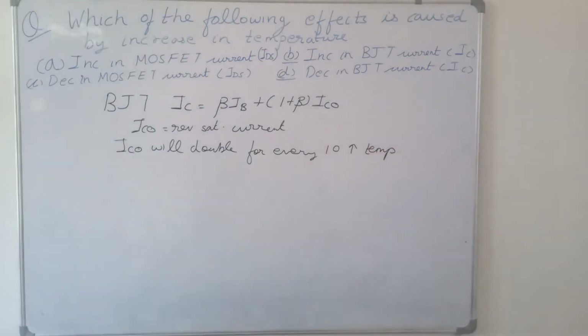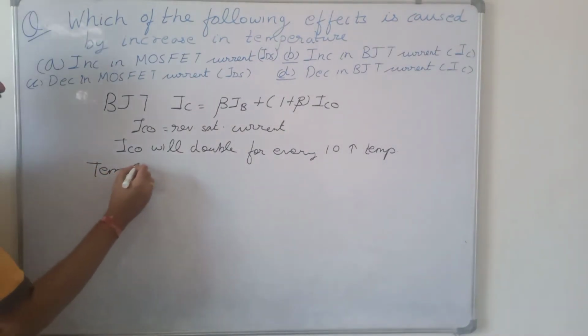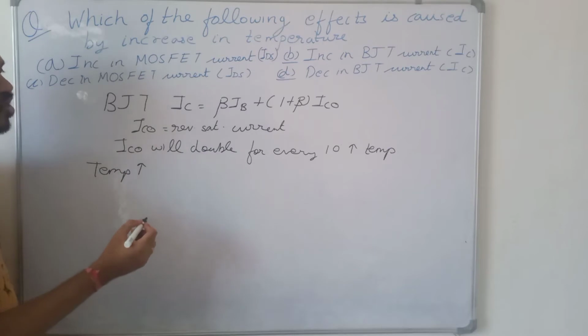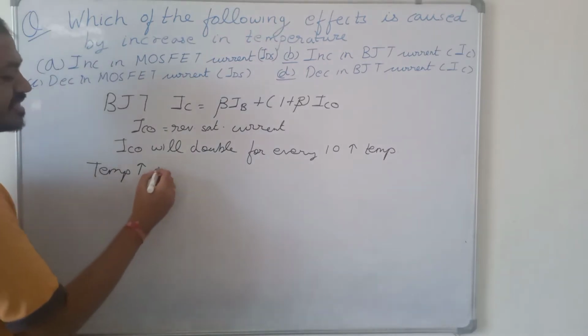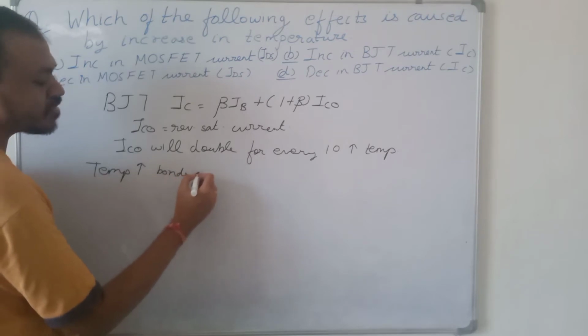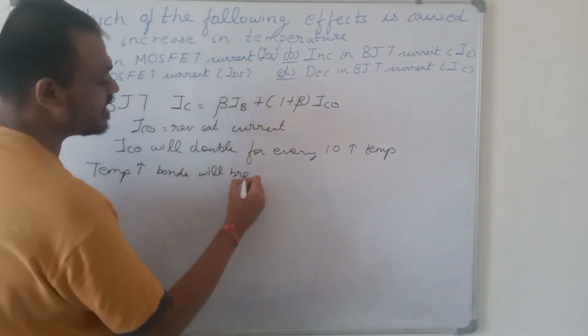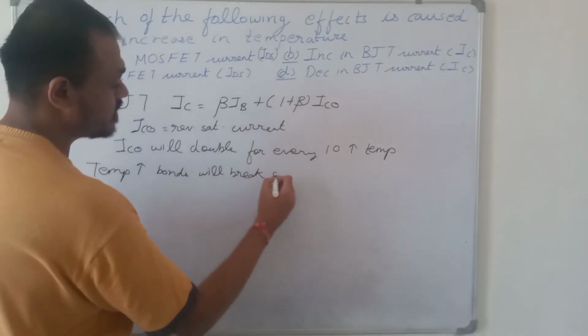Because as temperature increases, the covalent bonds between electrons and holes will break. So more minority carriers will be generated.